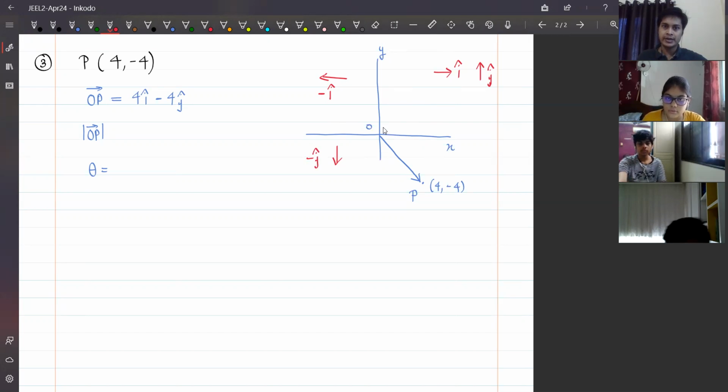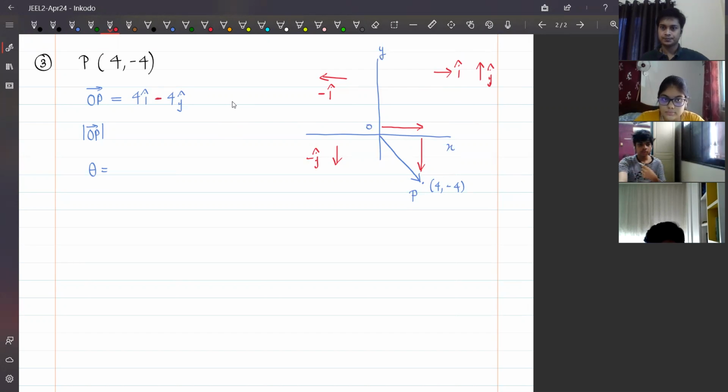So we will need 4 i cap and minus 4 j cap because it is downwards. 4 i cap is in the right direction, minus i cap is in the left direction. J cap is upward, minus j cap is downward. So I will write here 4 i cap minus 4 j cap.